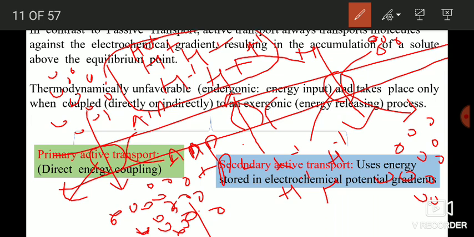When these H positive ions move back to the inner side of the cell, they also drive the movement of these glucose molecules from their lower concentration to higher concentration. This type of transport process in which the energy stored in electrochemical potential gradients is used to transport some other molecules from their lower concentration to higher concentration is known as secondary active transport.